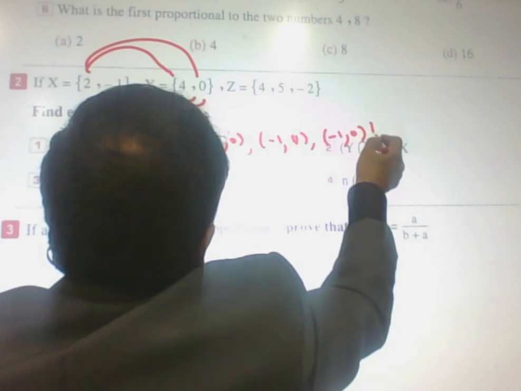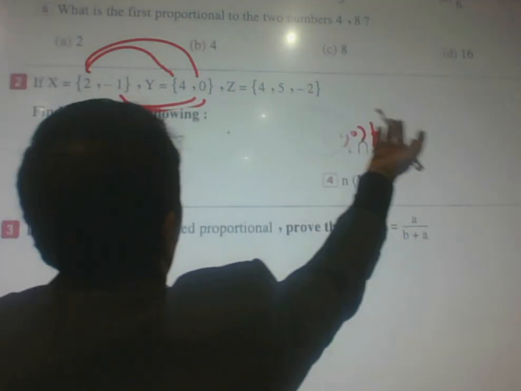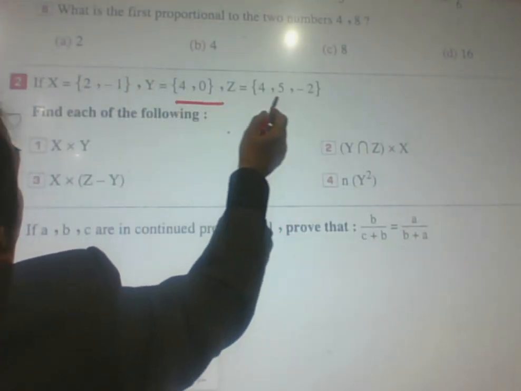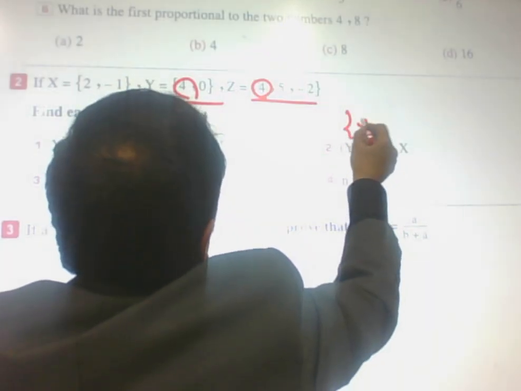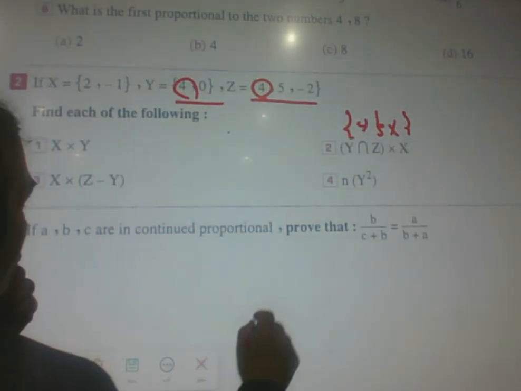Okay, we have the Cartesian product between x and y. It's the first solution. Second, he asked about the intersection between y and z. Look at here, y and z. The intersection between them together is 4. Then we have the set of 4 Cartesian product the set of 2 and negative 1.